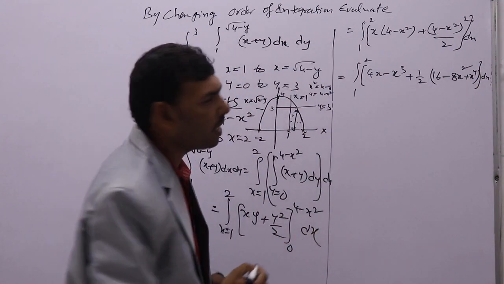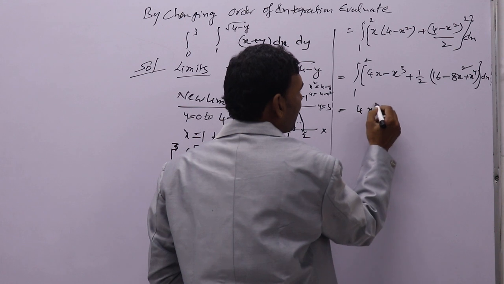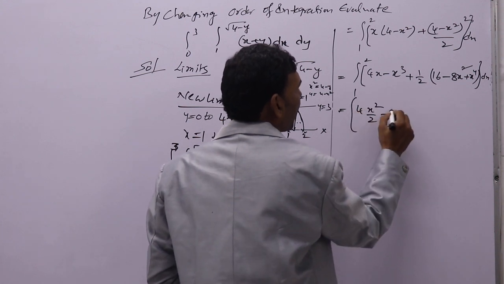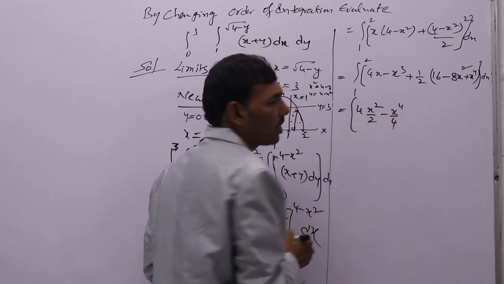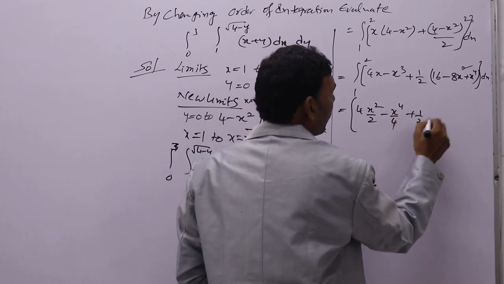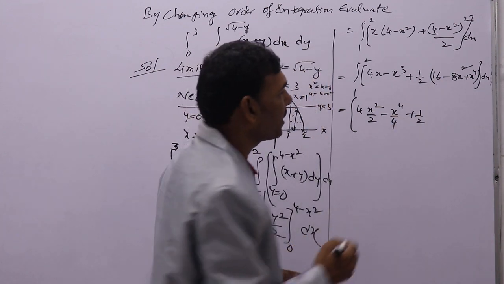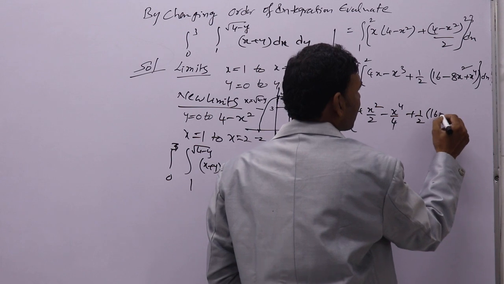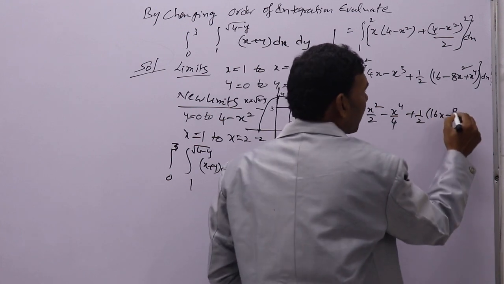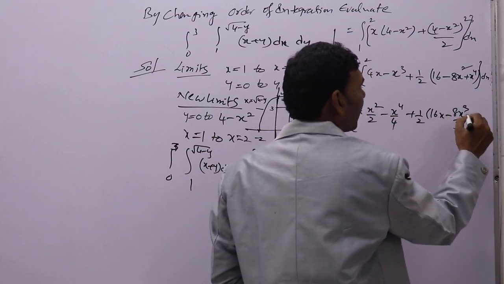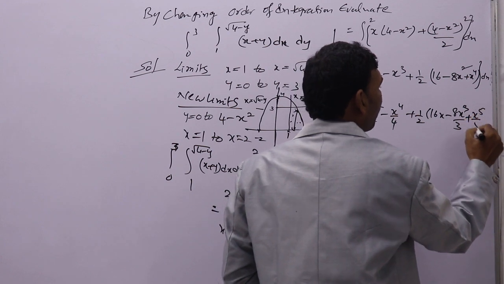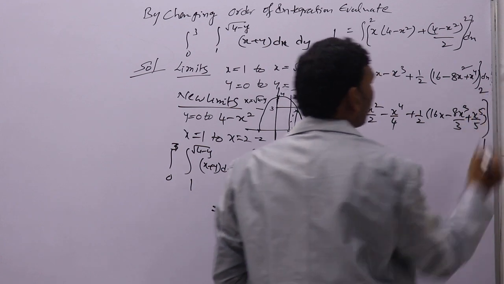So now integrate: x square by 2, x cube, x power 4 by 4, plus 1 by 2 into 16x, x cube by 3, x power 5 by 5, limits from 1 to 2.